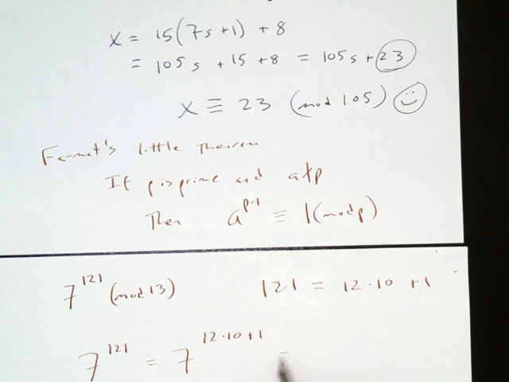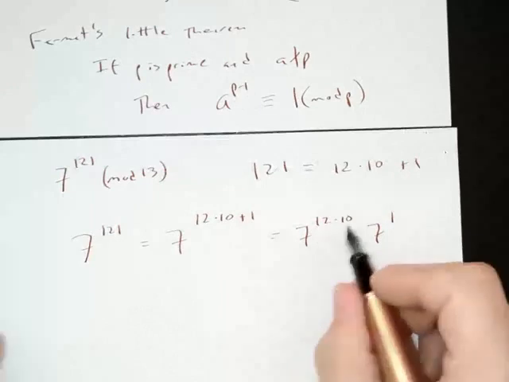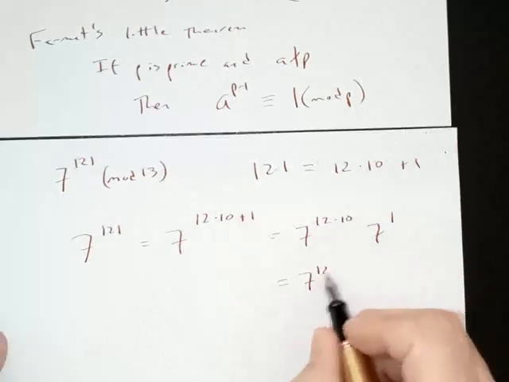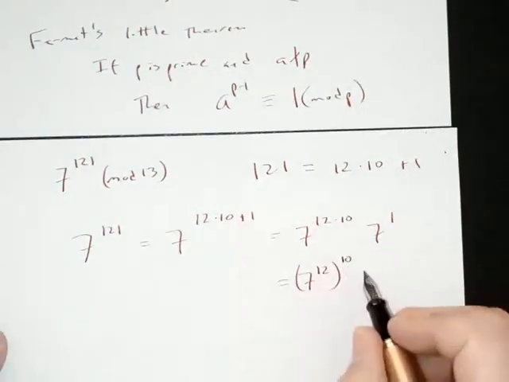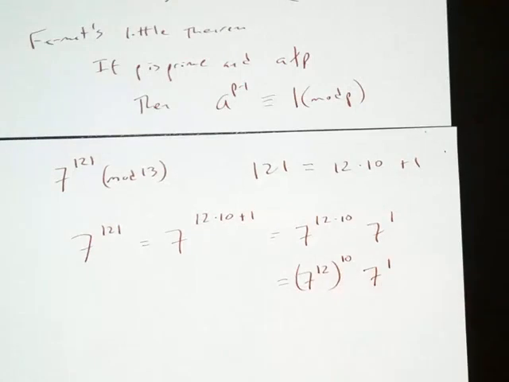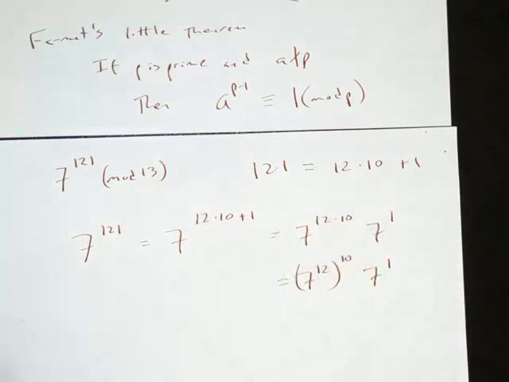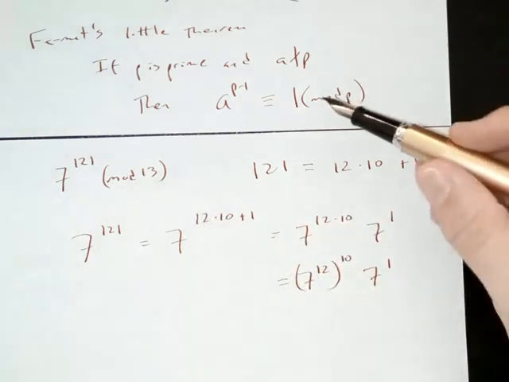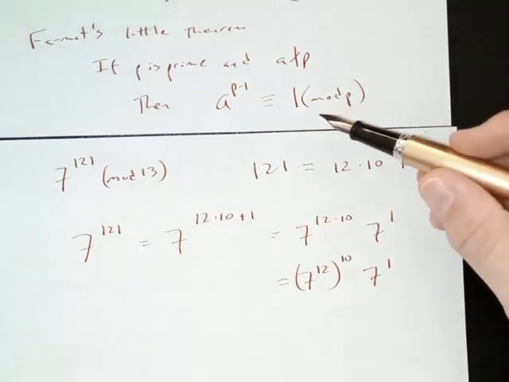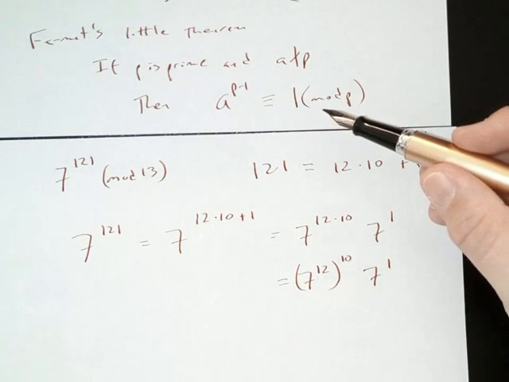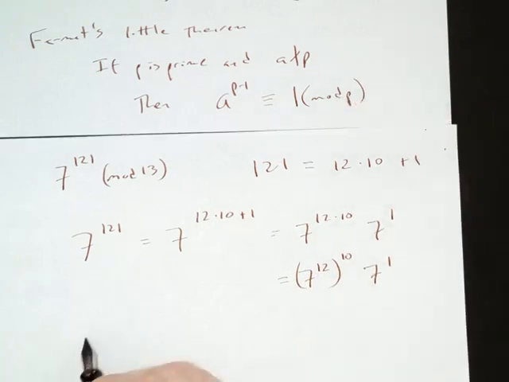When you're adding powers, that's the same as multiplying with the base, right? And when you're multiplying powers, that's the same as taking a power of a power. But according to this statement, if I'm working mod 13, every time I do 7 to the 12th, I get a 1.